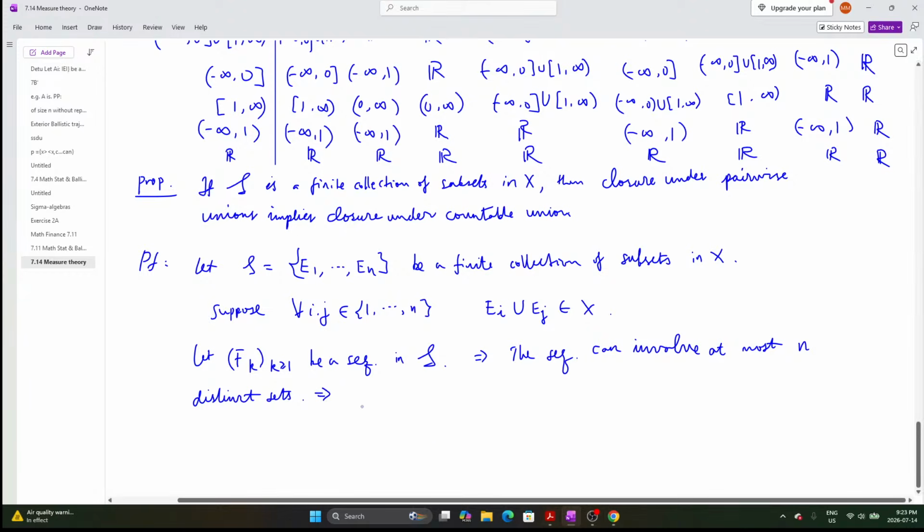So therefore, the union of Fk, k from 1 to infinity, you can write it as, perhaps let's use A, the union of A_i, i from 1 to m, where A1 all the way to Am are distinct. And of course m is less than or equal to n.